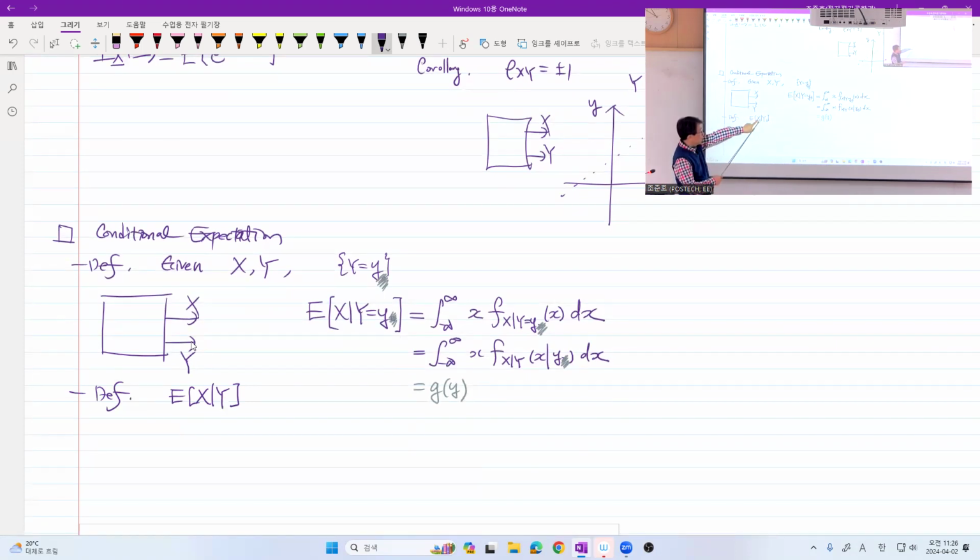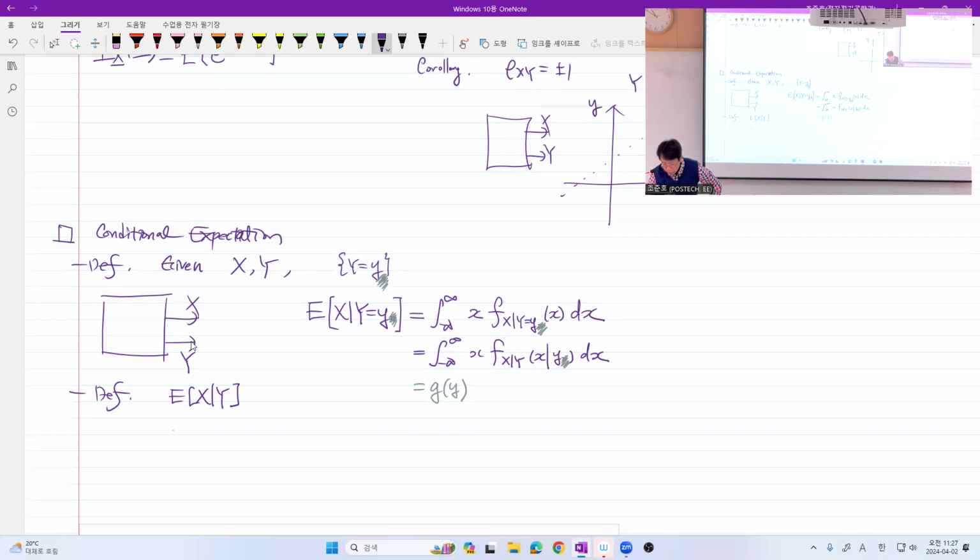Expectation of random variable x given random variable y. Something's seriously wrong, right? As I told you, whenever we talk about conditional something, we have condition in terms of an event. This is a variable. Then we have to define this notation, right? We cannot imagine what it could be. And actually, that is exactly the case.